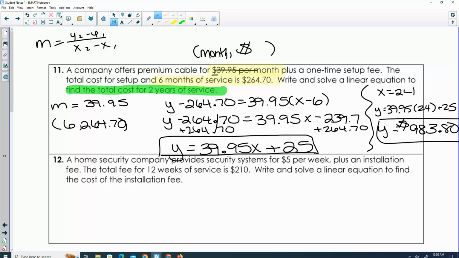All right, let's look at one more like this. So number 12. A home security company provides security systems for $5 per week. So what do I know right now? M is 5. Okay, can you tell me what X and Y are in this problem?